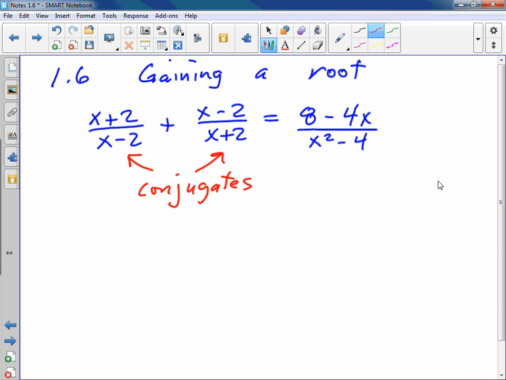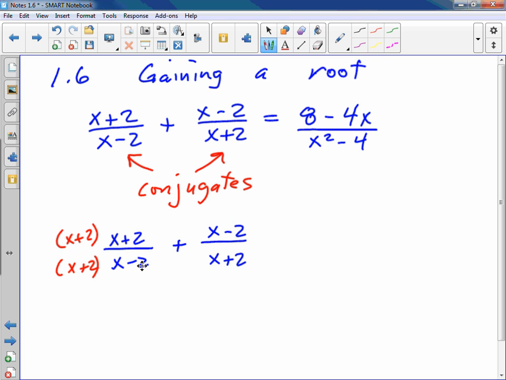Okay? So if I have x plus 2 and x minus 2, I'm going to multiply by x plus 2 and x plus 2, which is better known as what? What is this? X plus 2 over x plus 2? 1. It's the multiplicative identity.